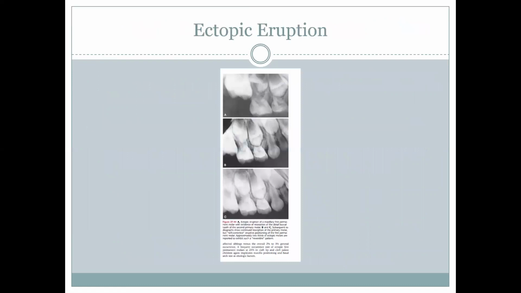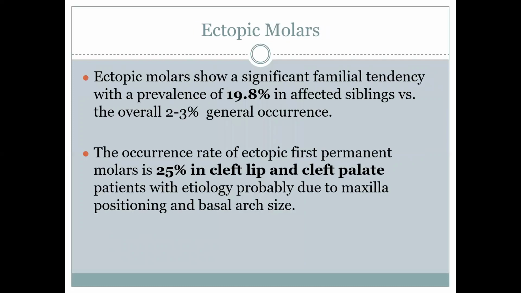And here we have some examples of ectopic eruption of the upper maxillary molars, how it's going into the distal of the second primary molar. There is a less than 20% chance of familial tendency and 2 to 3% in the general public. There is a 25% ectopic eruption rate in cleft lip and palate cases.